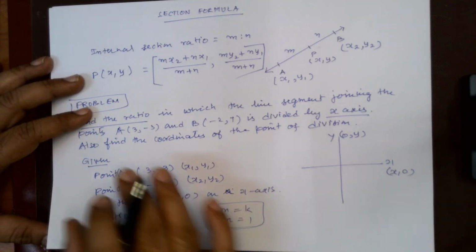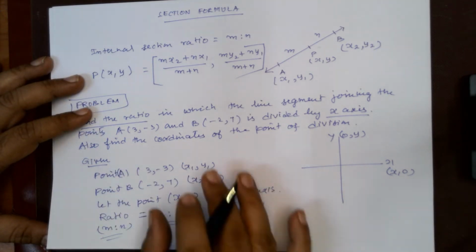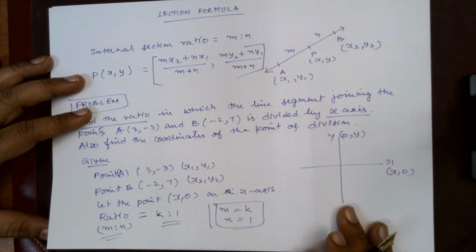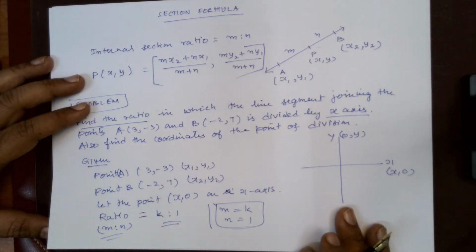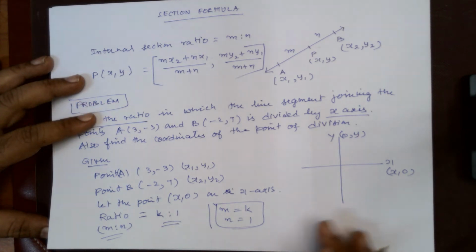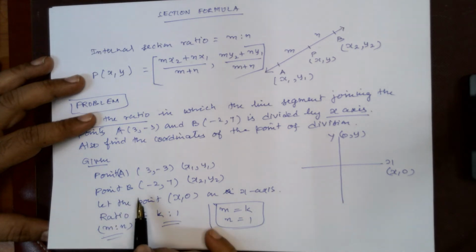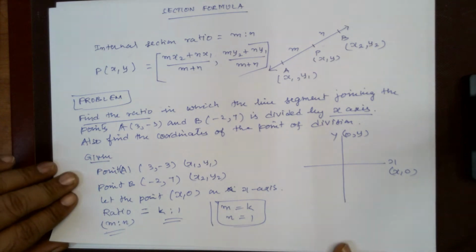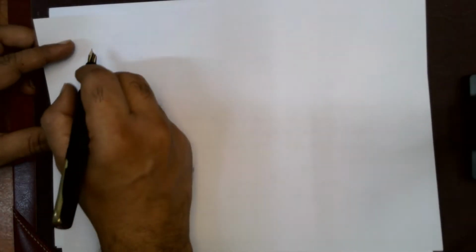So the coordinates of P are k times, let us consider the x2. So x2 means minus 2k, because m into x2. Let us apply the formula.